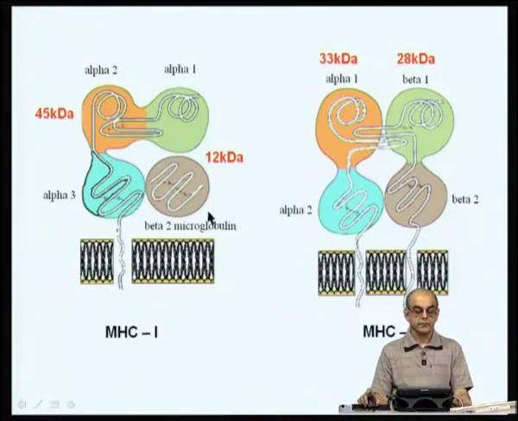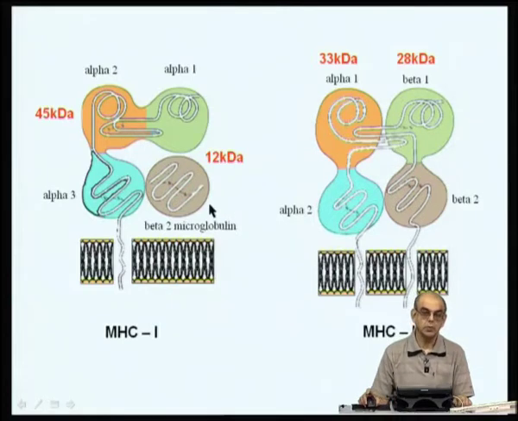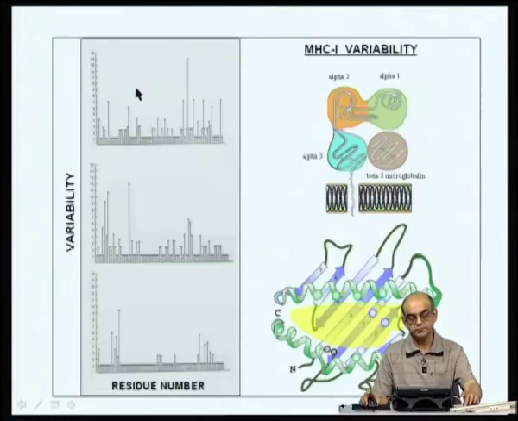And we also took note of the fact that the structure was represented this way, having two alpha helices and a floor in both the cases, and the floor having a cleft which we refer to as the peptide binding cleft, which would bind the peptide antigen.